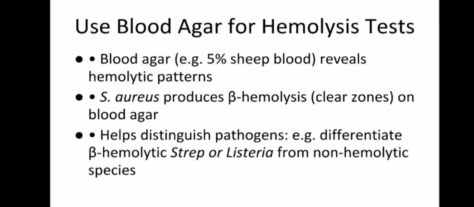Another is to check for the presence of bacterial characteristics, right? So one of them is to use blood agar for hemolysis. Hemolysis is a characteristic of a bacterium and of a pathogen. So blood agar, for example, 5% sheep blood.